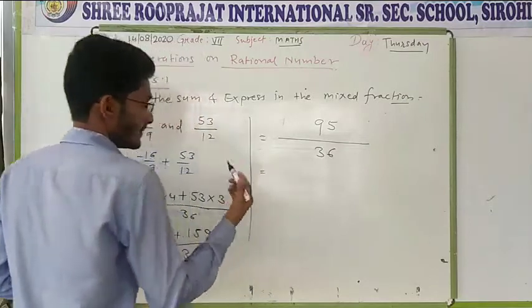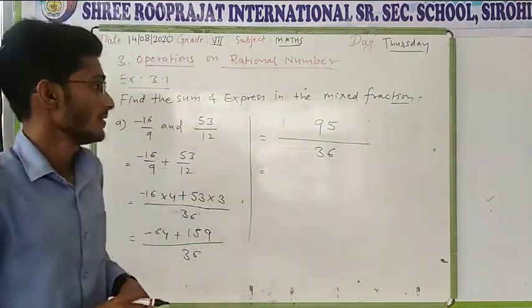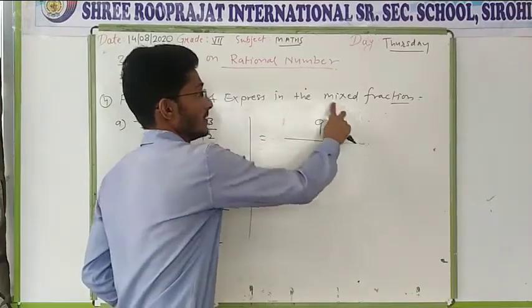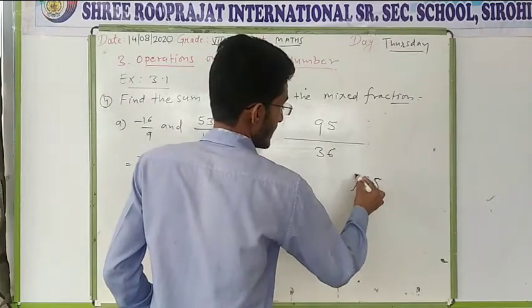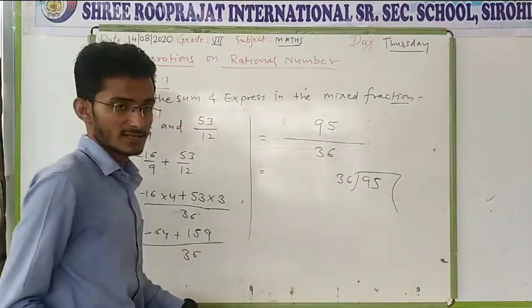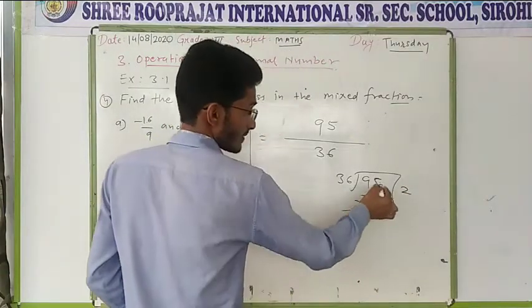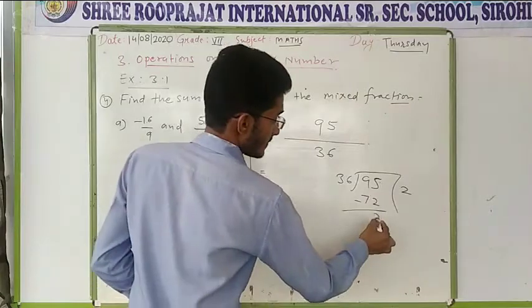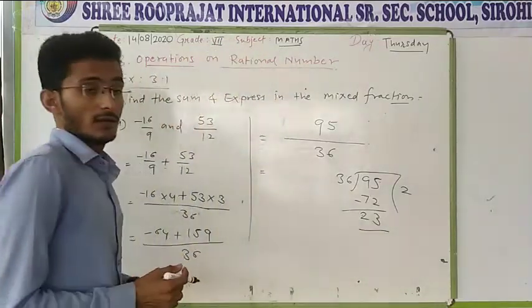If both are divisible by the same number, you can divide. If not, then you can change it into a mixed fraction. So if you divide 95 by 36, 36 twos are 72. If you subtract, 5 minus 2, you will get 3, and 9 minus 7, you will get 2.